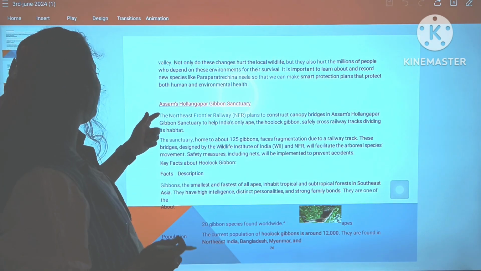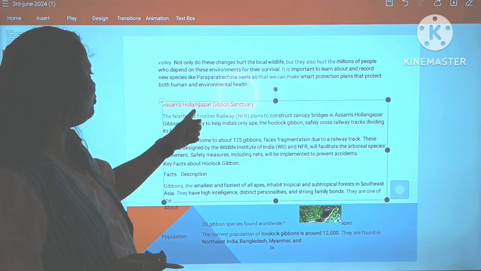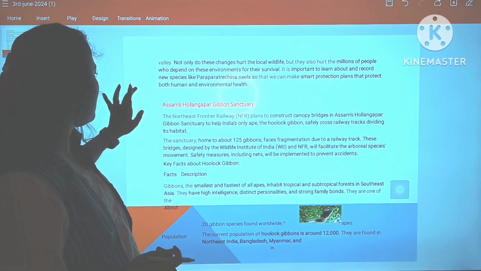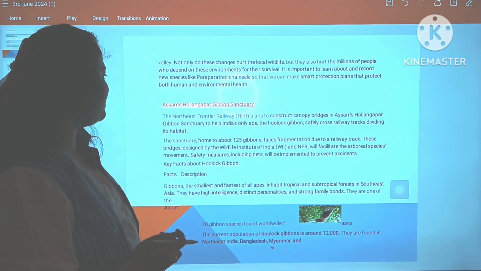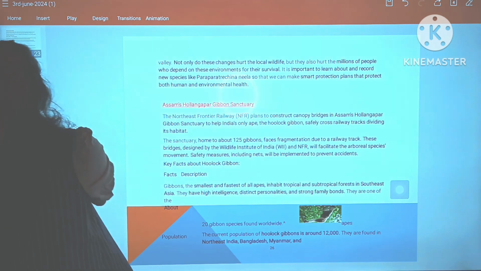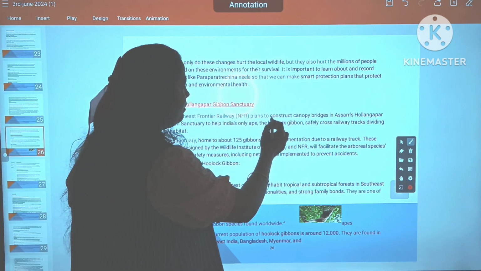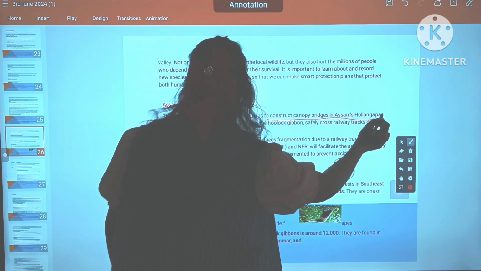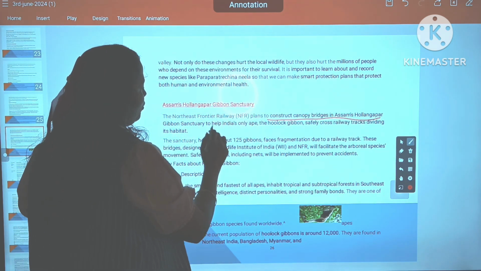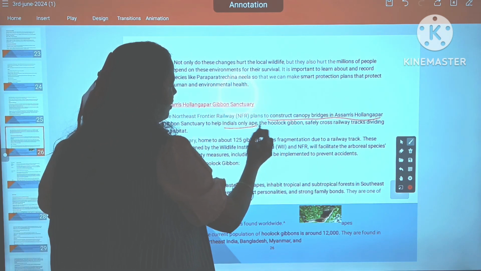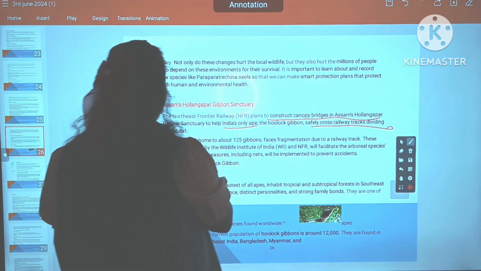Okay. The next topic is Assam Hollongapar Gibbon Sanctuary. Canopy bridges in Assam Hollongapar Gibbon Sanctuary help India's only ape, the hoolock gibbon, safely cross railway tracks.